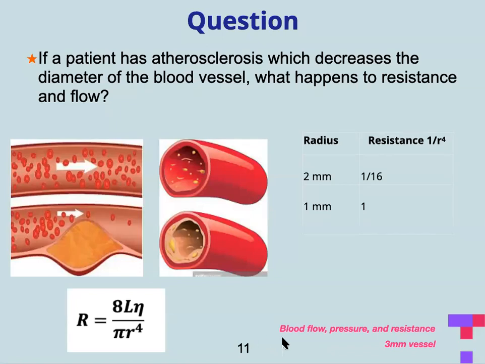This example helps us understand part of why hypertension and atherosclerosis can be dangerous, especially if long-term. When you narrow the lumen of these blood vessels, you're increasing vascular resistance, and with higher vascular resistance, your heart has to work harder, contracting harder to overcome that backward pressure coming from the resistance of the blood vessels.